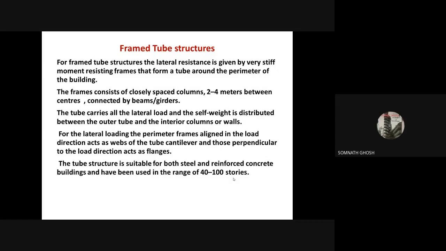When wind and earthquake act on it, those lateral forces, a particular portion will be behaving as a web, and a particular portion will be behaving as a flange. And you all know that the web is very essential for shear, and the flange is very essential for carrying the moment.